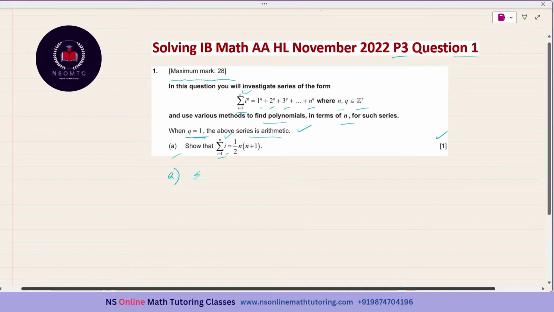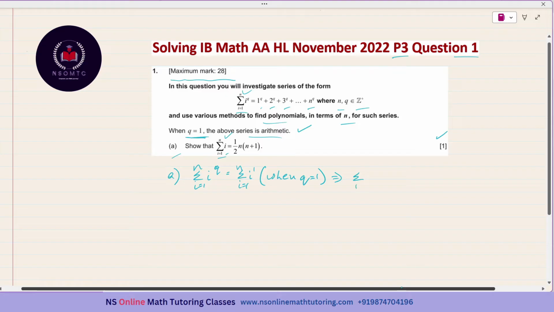So sigma i equal to 1 to n, i to the power of q is equal to sigma i equal to 1 to n, i to the power of 1 when q is equal to 1. Okay. i to the power of 1 is i.